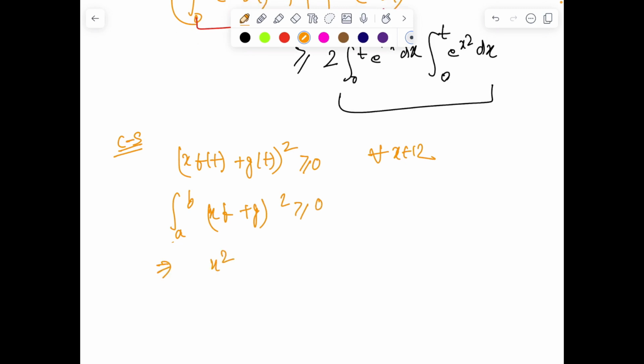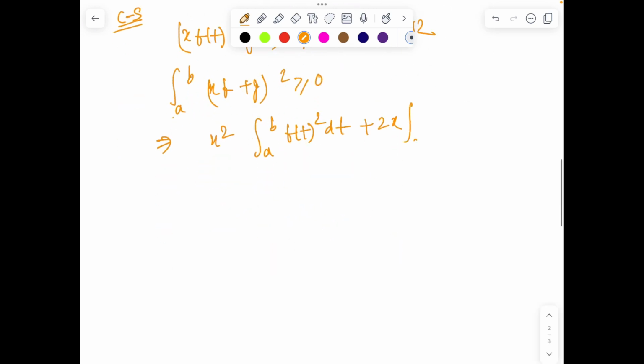Which amounts to x square times, because it will be like a constant, integral of f(t) square dt, plus 2x times the integral from a to b of f(t) g(t) dt, and we are left with the integral from a to b of g(t) square dt. This is greater than or equal to 0 for all x belonging to R.